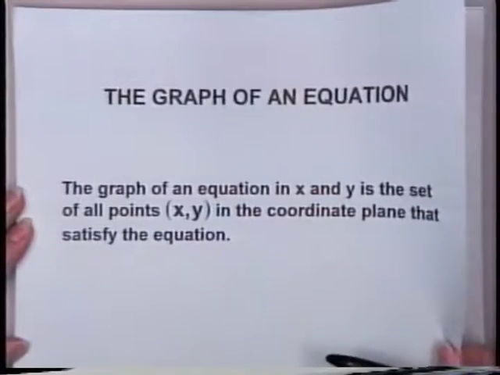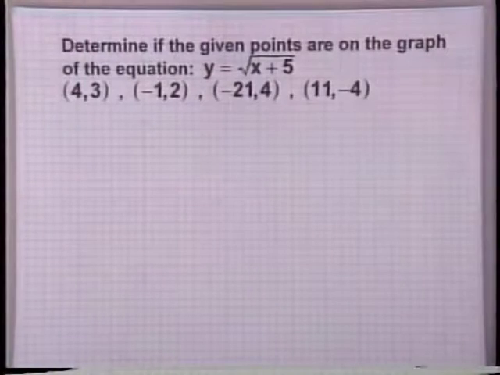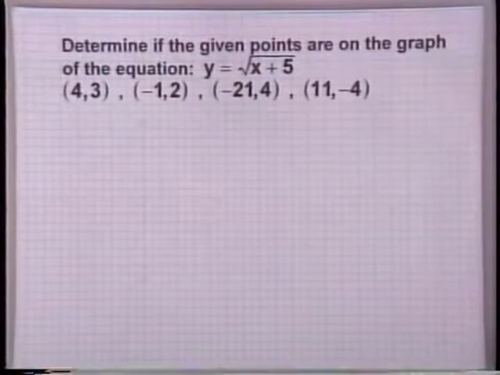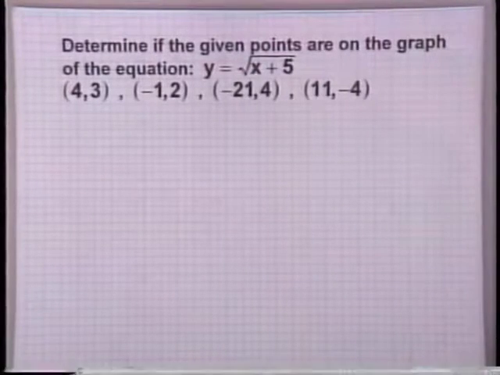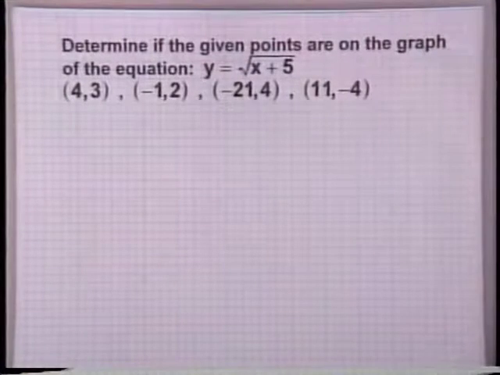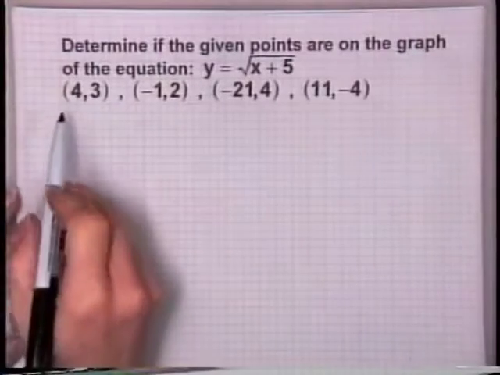So our first problem here is going to ask us to determine if the given points are on the graph of this given equation. So that means, do these points satisfy the equation? Our equation is y equals the square root of x plus 5. Now, let's take a look at our first ordered pair that's given here.